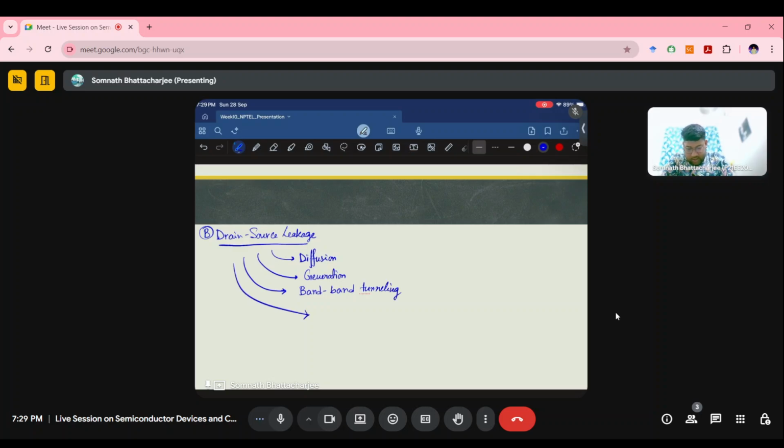Another thing is called the GIDL, or gate induced drain leakage.